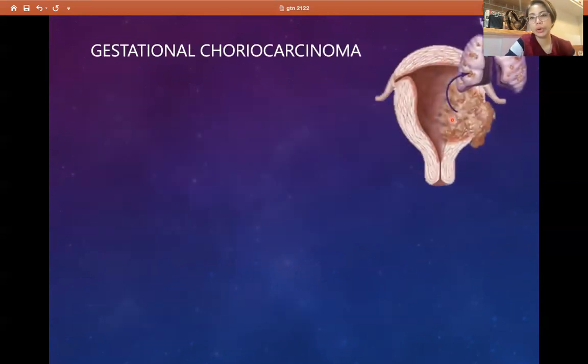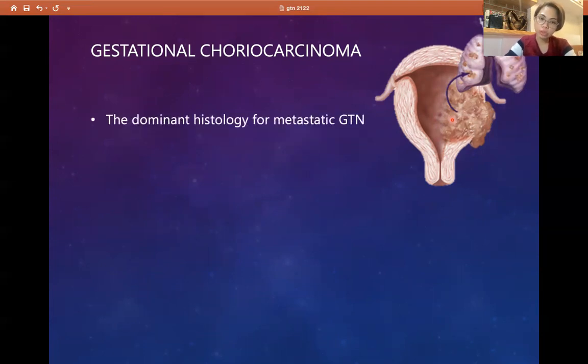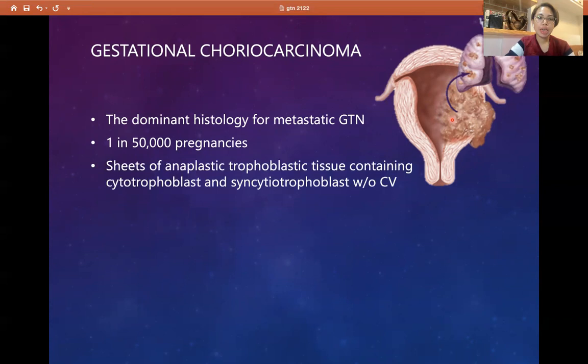How about gestational choriocarcinoma? We have to specify that this is gestational choriocarcinoma because we also have a non-gestational choriocarcinoma that can arise in the ovaries. So gestational choriocarcinoma is a dominant histology for metastatic gestational trophoblastic neoplasia. It occurs in 1 in 50,000 pregnancies, and there are sheets of anaplastic trophoblastic tissue containing cytotrophoblast and syncytial trophoblast without chorionic villi.